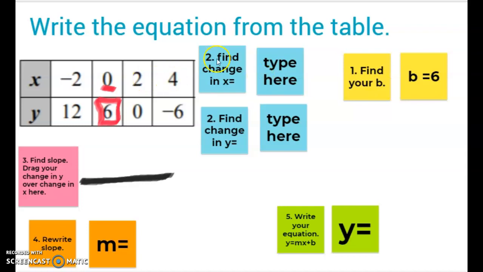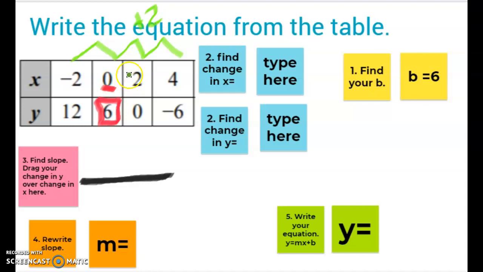Find the change in X, step number 2. This is when we draw these crocodile mouths. From 0 to 2, I'm going to go to a number that I'm familiar with. It's easy for me to look at 0 and know that I have to add 2 to get to 2.